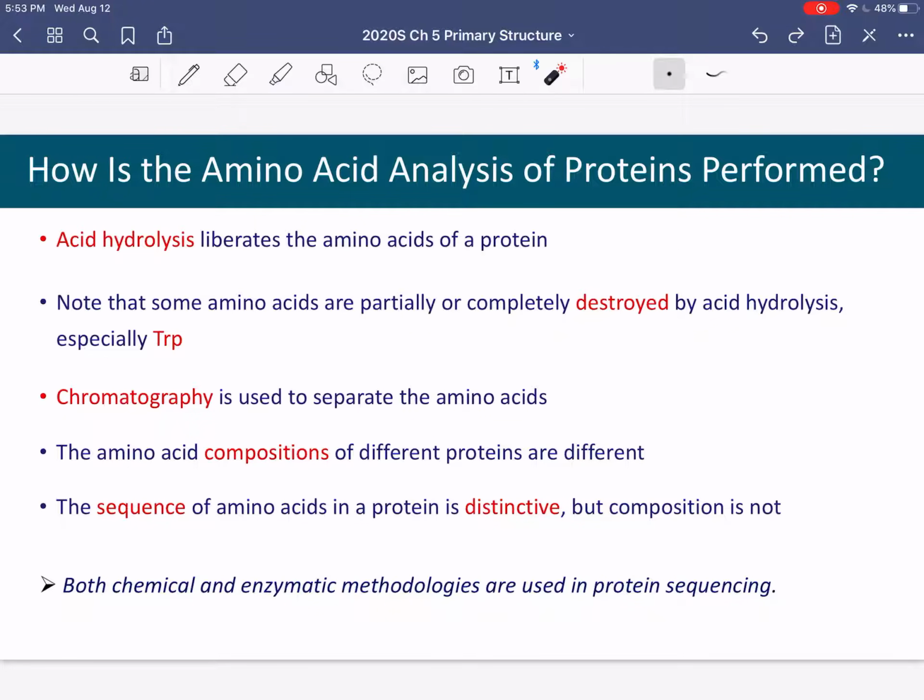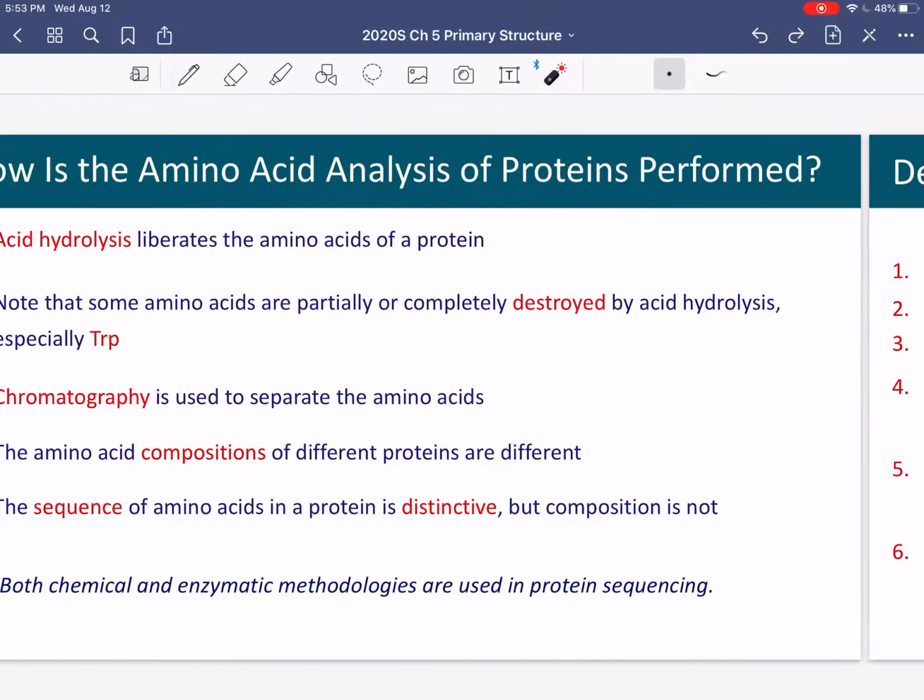So what's been used instead is a combination of chemical and enzymatic methods or tools to break the protein into separate short sequences, which can then be sequenced by N-terminal degradation using the Edman reagent, and the information can then be compiled and the sequence deduced. So that's what I'm going to try to convince you that you can do, at least in theory, by the end of this video.